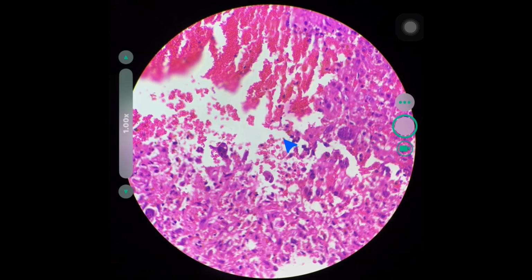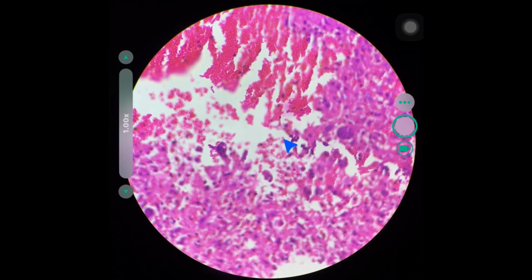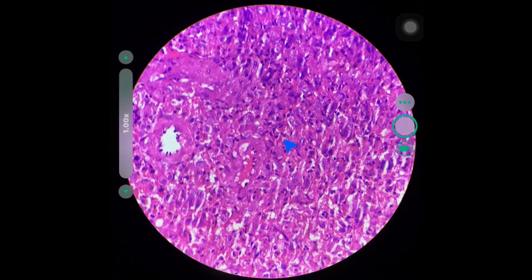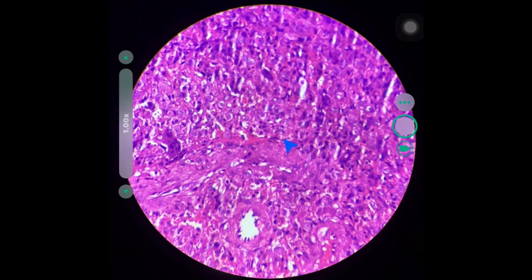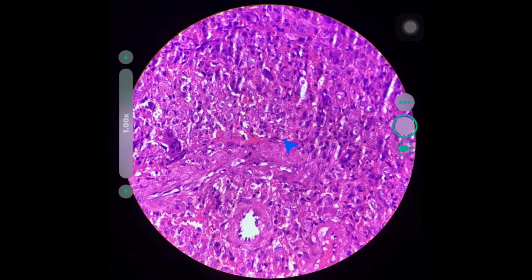Necrosis is usually absent, and if present, we have to think of aggressive behavior or secondary changes. Here you can see this is the giant cell and these are the neoplastic stromal cells.